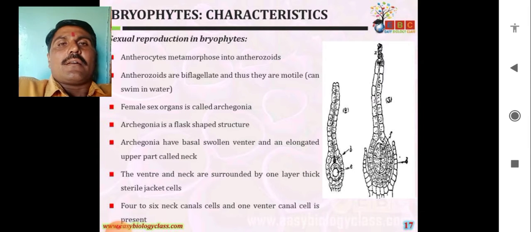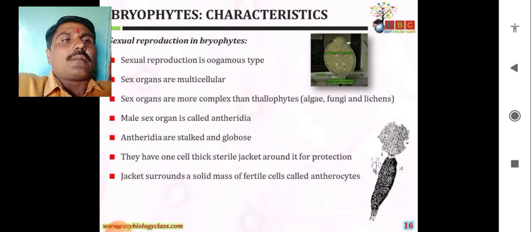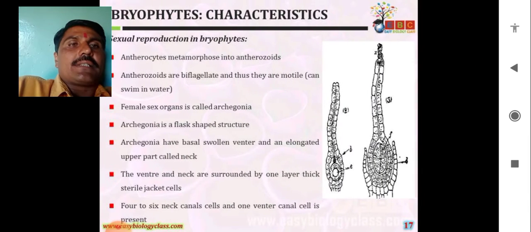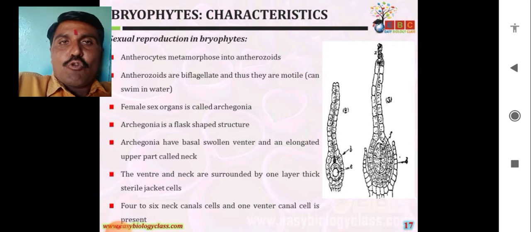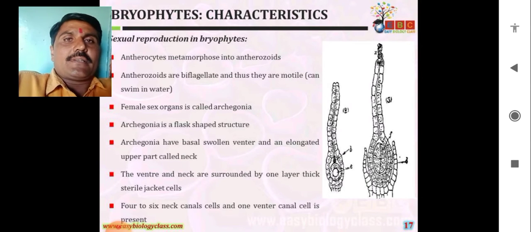Motile means the androzoids which are released from the antheridium are biflagellated and thus can move from one place to another, so they will not be stationary.